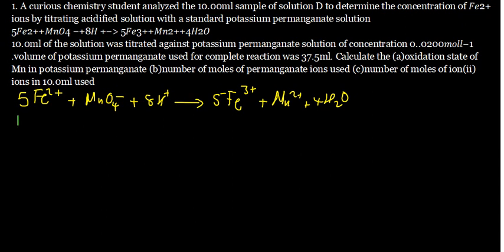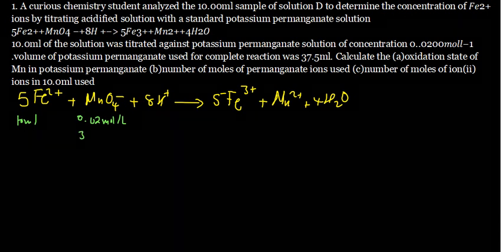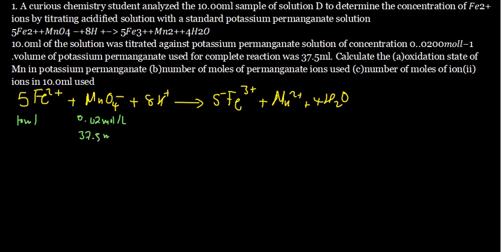So we used 10 mils of this, and then the 10 mils of solution was titrated against potassium permanganate solution of concentration 0.02 mole per liter. Volume of potassium permanganate used for complete reaction was 37.5 milliliters.